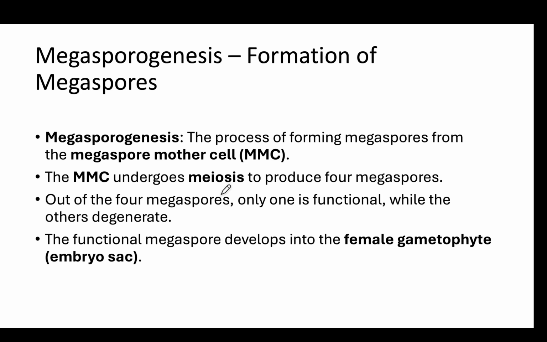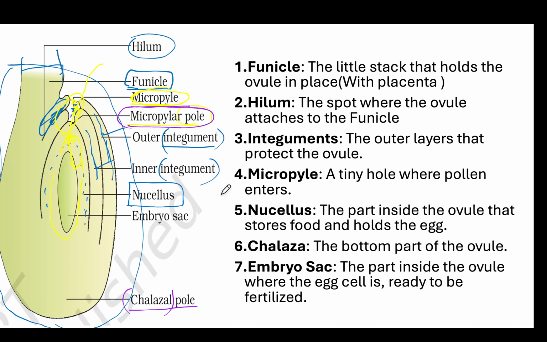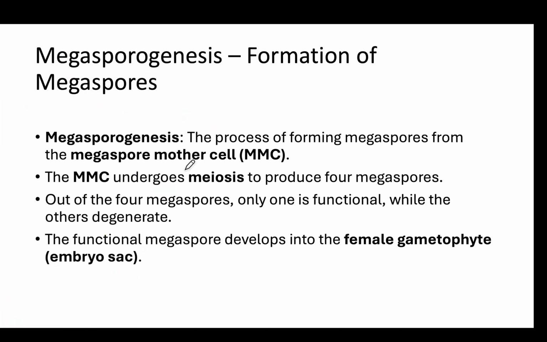So think about a situation. As the ovule develops, a single cell from the nucellus itself. For example, let's say there are many cells present in the nucellus, the outer integument, the inner integument, but some cell in the nucellus, whose number is very small, so one cell will decide to become a megaspore mother cell.